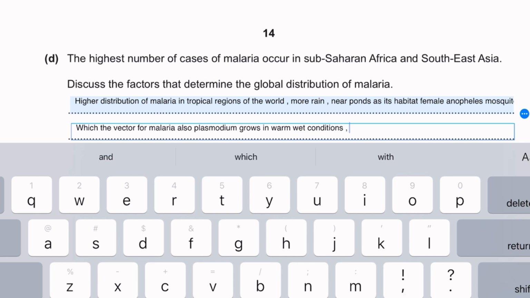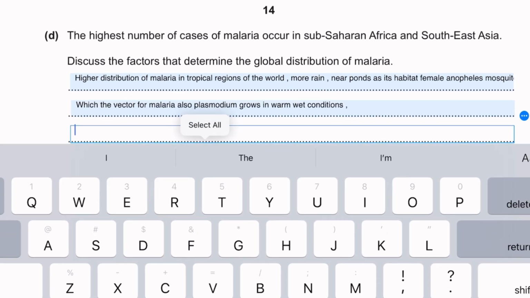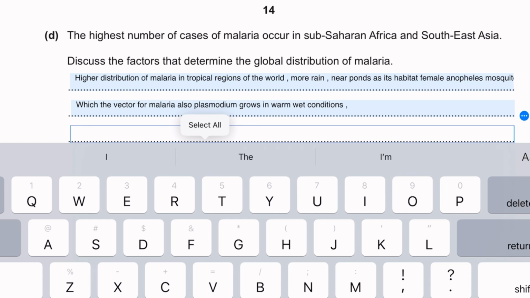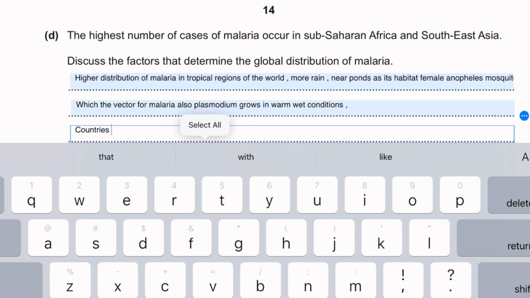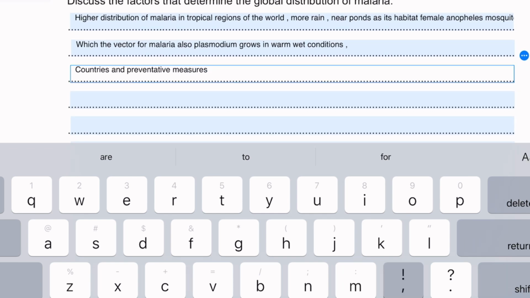Okay, so obviously when there's a more tropical region, there will be a higher distribution of malaria. Depending on countries having preventative measures, these will also impact the global distribution. So if the country itself does not, for example, spray insecticide, or does not have a specific clause for someone who comes into the country, for example, providing anti-malarial drugs.